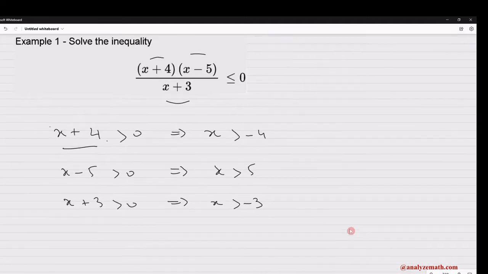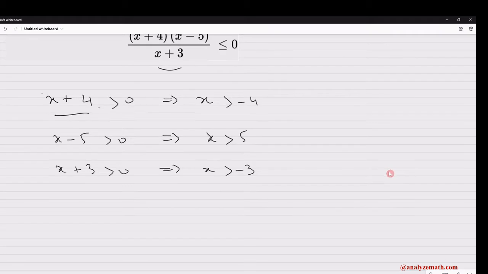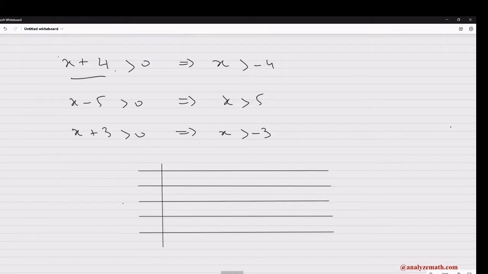Now let's make a table of signs and put all this information together. So let's have a table like this. Now we look at the zeros. Minus 4 is the 0 of x plus 4, 5 is the 0 of x minus 5, and minus 3 is the 0 of x plus 3, and then we order them from smallest on the left to largest on the right.